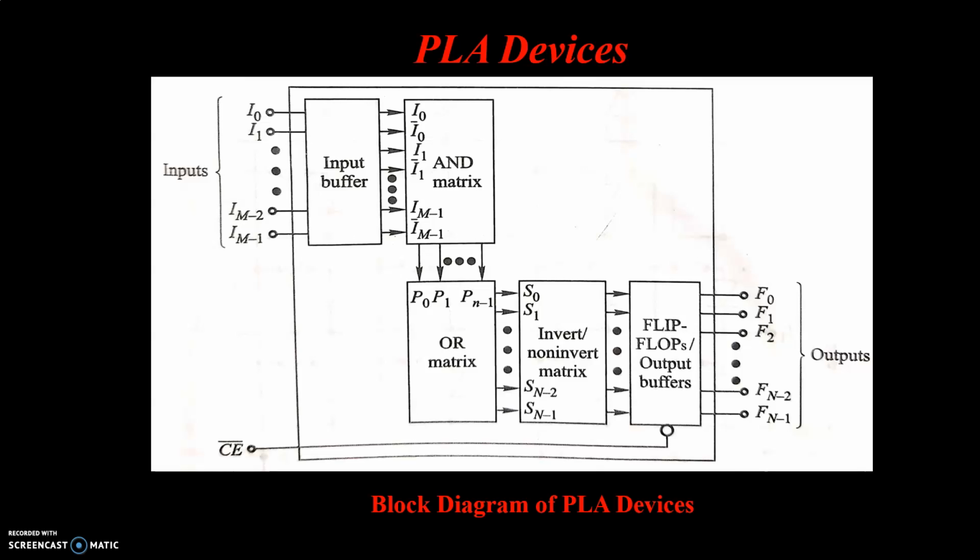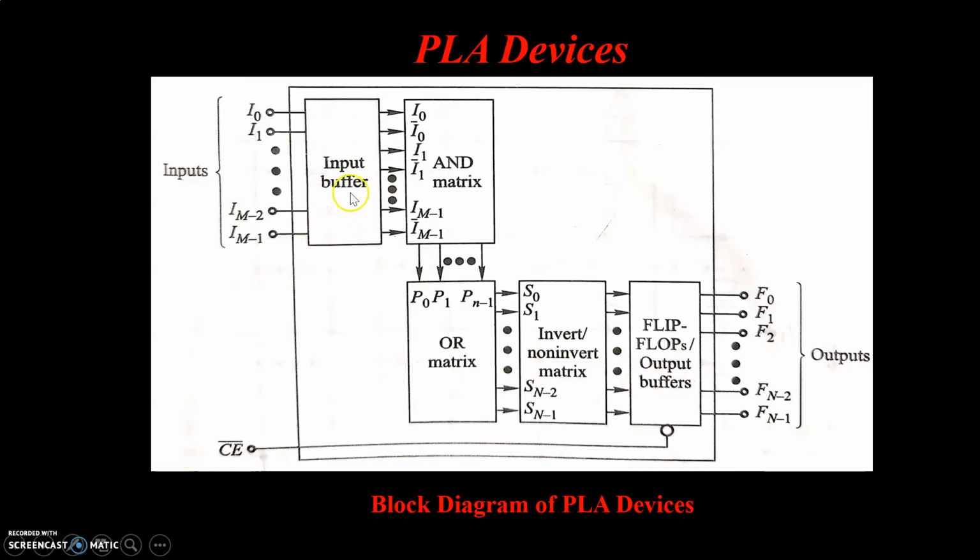This is the block diagram of a PLA device, where you can see input buffer, AND matrix, OR matrix, invert non-invert matrix, flip-flops or output buffer.